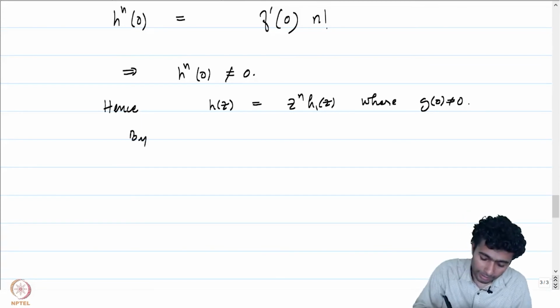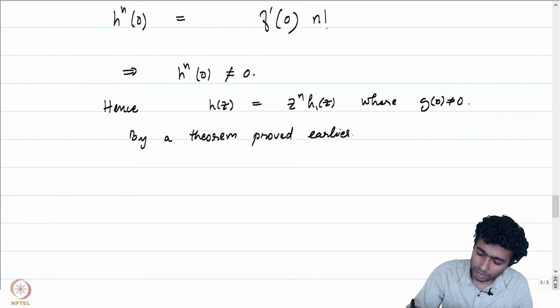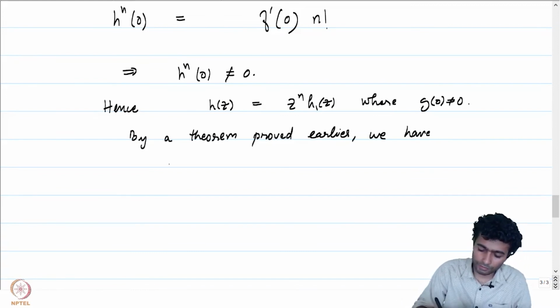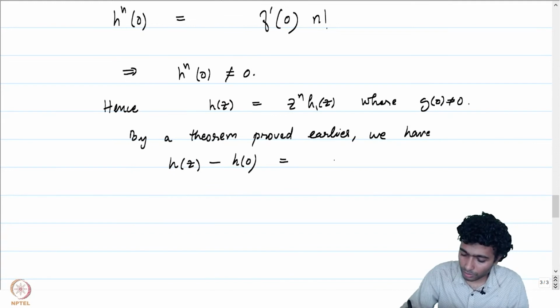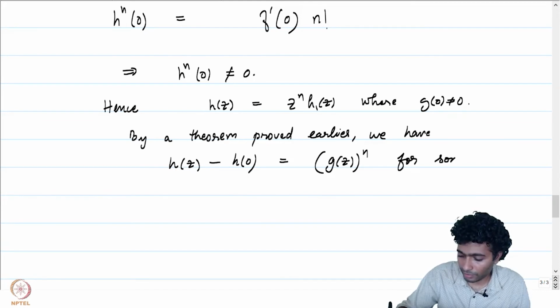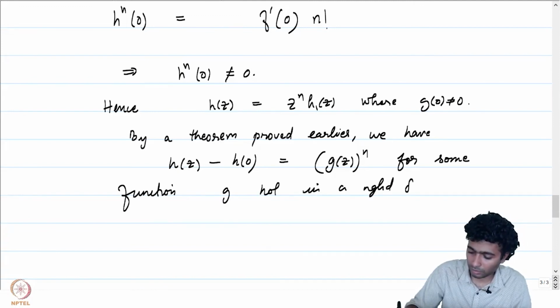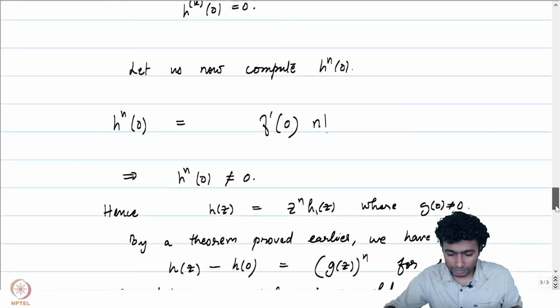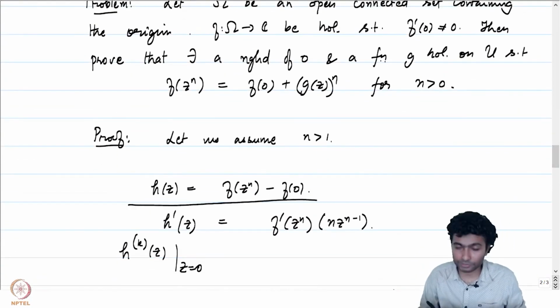So by a theorem proved earlier, the local behavior of a holomorphic function around a given point gives h(z) minus h(0) equal to g(z) to the power n for some function g holomorphic in a neighborhood of 0. But what was our h(z) minus h(0)? Notice that h(0) is already 0, and our h(z) was exactly equal to f(z)^n minus f(0).